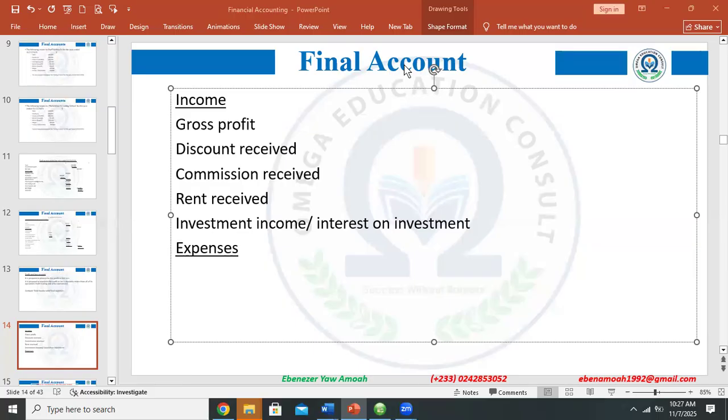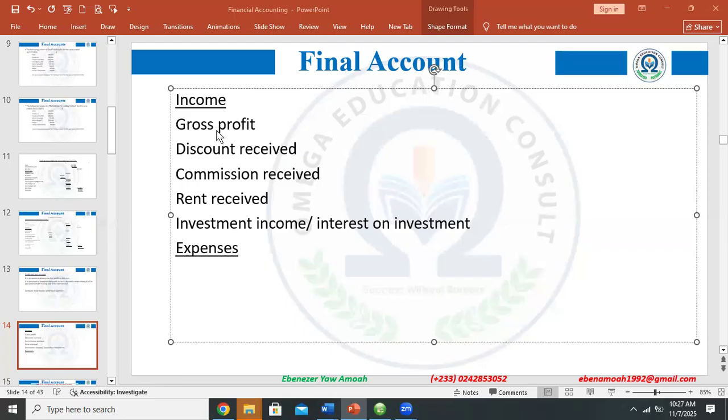So it's a gain, right? And the decrease in provision you spoke about is also part of the gains. But I would want to spare professors with that for now. When we get to the adjustment, we'll look at that provision for bad debt. But these are the income and gains that you come across.